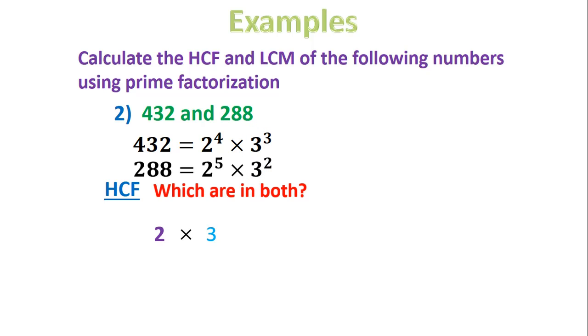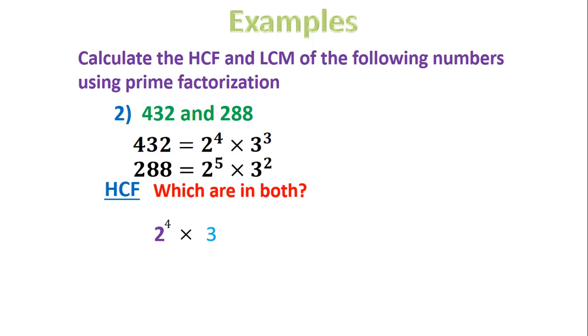Now, remember, for highest common factor, we look at our exponents, and now we choose the lower one. So, hopefully you can see that 4 is lower than 5, or 4 is less than 5, and so it's 2 to the power of 4.